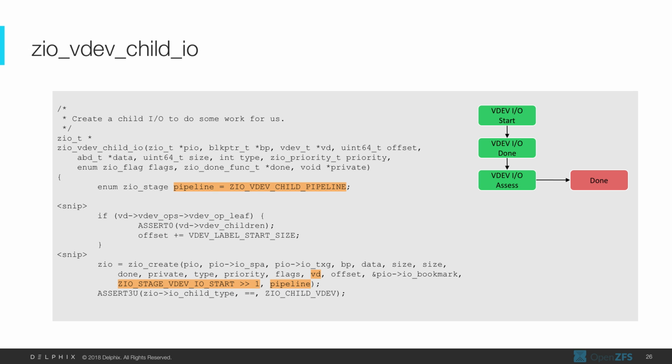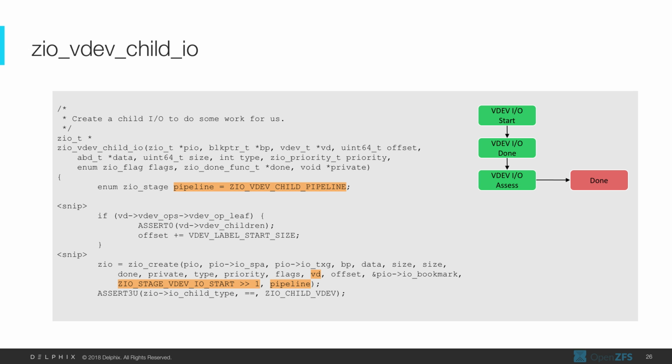I'm going to point out this little snippet here. Has anybody ever looked at this code where if it's a leaf, offset plus VDEV label start size? Okay, so, some people. So this is something to note if you're ever trying to do a translation of, I have this IO, and this is the offset in my block pointer.